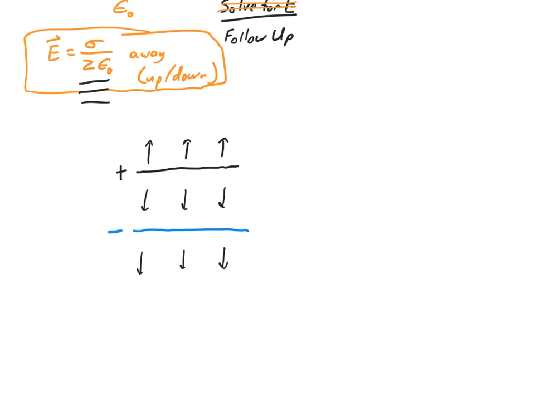the negatively charged plate. It's negative. So instead of being away, negative will mean inwards. So down here, inwards will be up. Next level up, inwards will be down towards the blue plate.